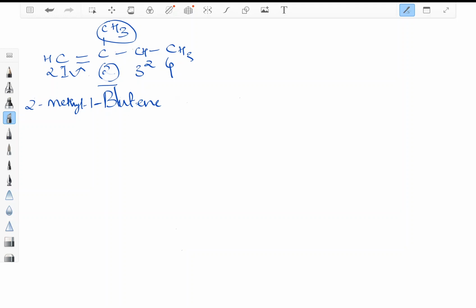The other example which we are going to study here has 1, 2, 3, 4, 5, and I have CH3 and CH3 here, and the double bond is from here.